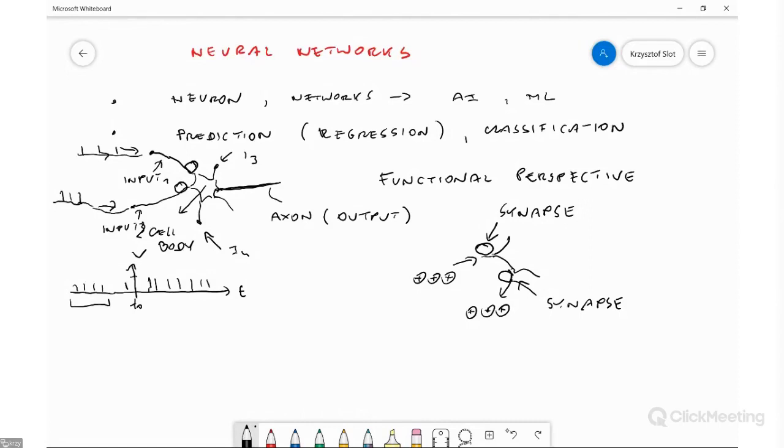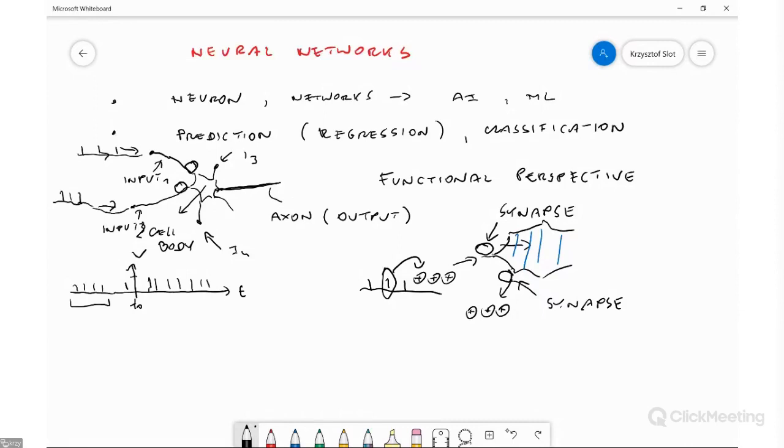Because if I have a neuron that is generating these pulses, each such spike is a bunch of ions. And depending on the character of this synapse, these ions will be forwarded to a cell body. So this is a neural cell body. These ions can be forwarded to the interior of this cell body, but the amount of these ions, the amount of charge, will be modulated by the synapse properties.